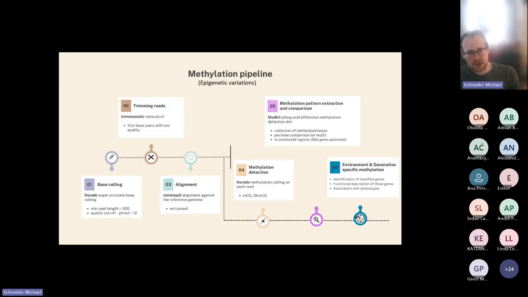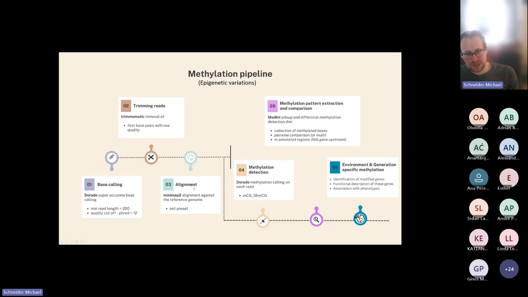Besides that, I want to highlight how it's done for the methylation. We are again using the Oxford Nanopore reads. This is a unique feature, that we can also estimate the epigenetic variation from these reads.